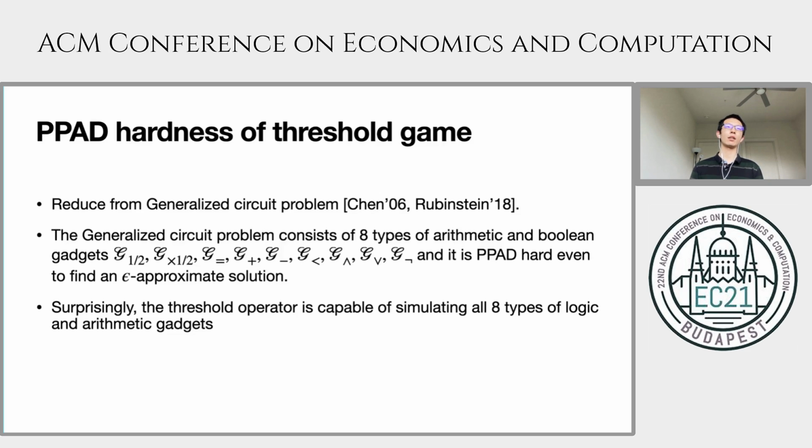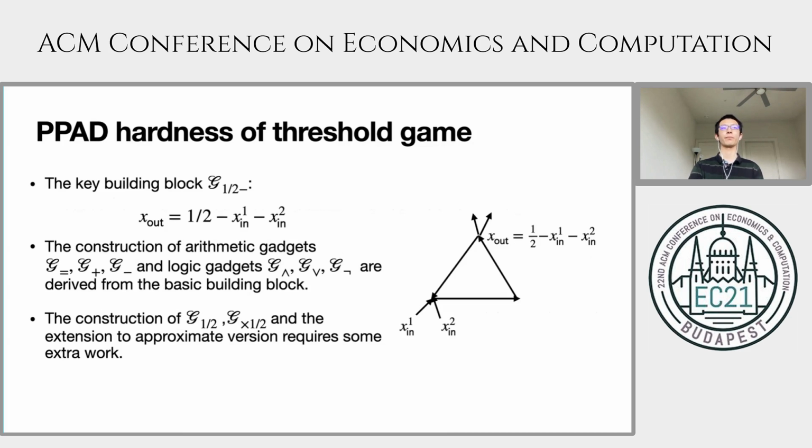It's pretty hard even to find an approximate solution to the problem. Surprisingly, we prove that the threshold operator defined on the threshold game is capable of simulating all these types of logic and arithmetic gadgets.